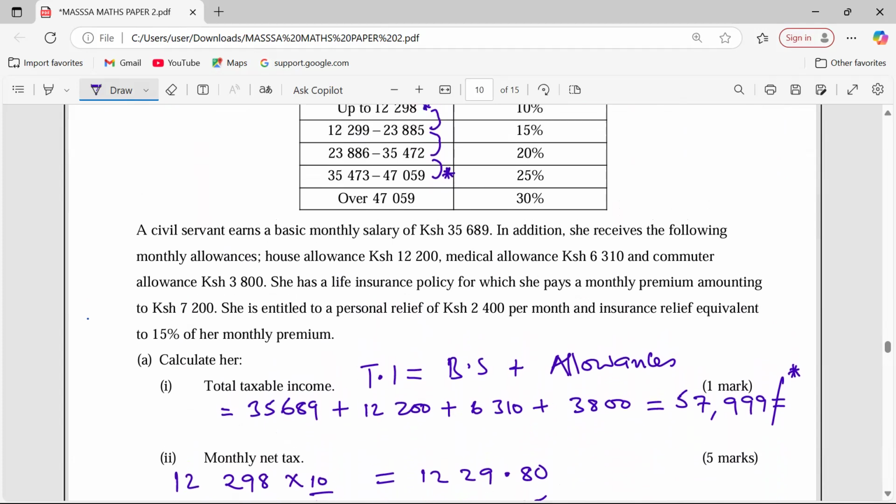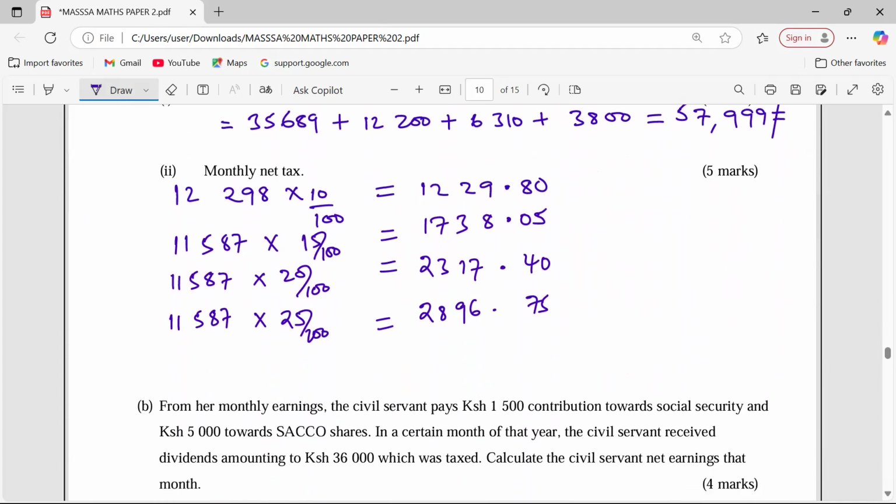Then finally, we have taxed up to this point, but we are to tax a total amount of 57,999. So we take 57,999, that is the total taxable income, and we subtract the amount taxed up to this far, which is 47,059, so that we may know the amount which will lie in the last bracket. And this is going to be 10,940.